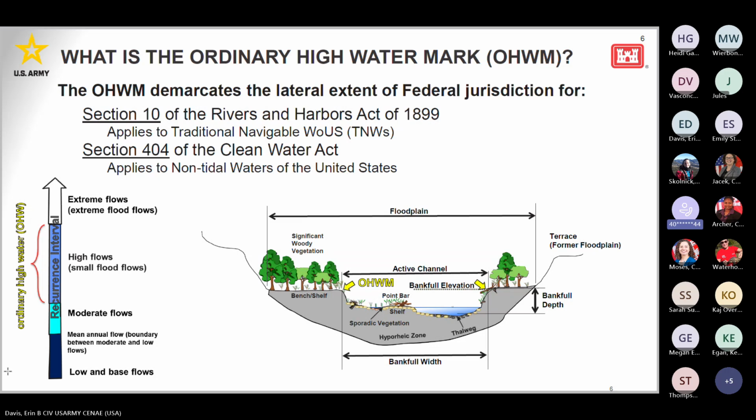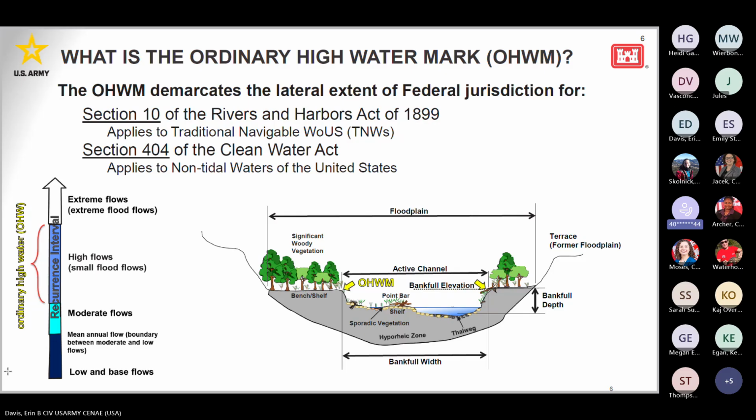What you're looking at in the bottom right is a screenshot of the floodplain, and what the Ordinary High Water Mark keys in on is the active channel, bankflow elevation, Ordinary High Water Mark, and then looking at the bottom left, when there is a high flow event, where does that ordinarily take place? Where does that line exist?